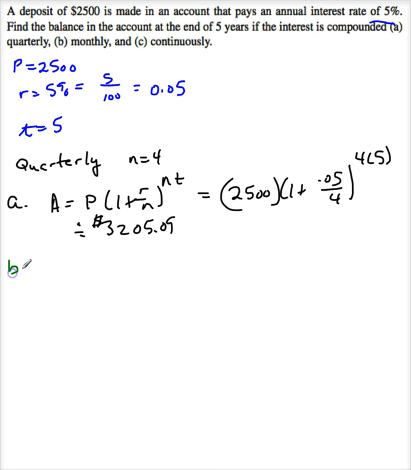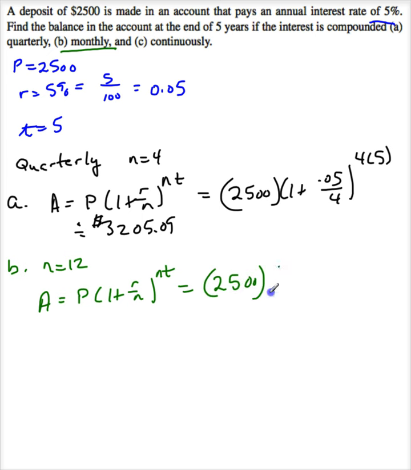Now let's look at part B. For B, we want it compounded monthly. If it's compounded monthly, then N is equal to 12. So the amount is equal to P times (1 + R/N) to the NT. Notice it's the same formula. We started with the same principal, the rate is the same, but N is different.